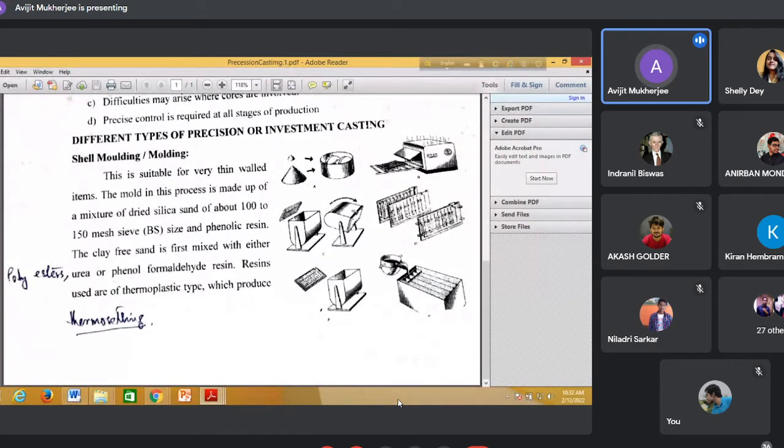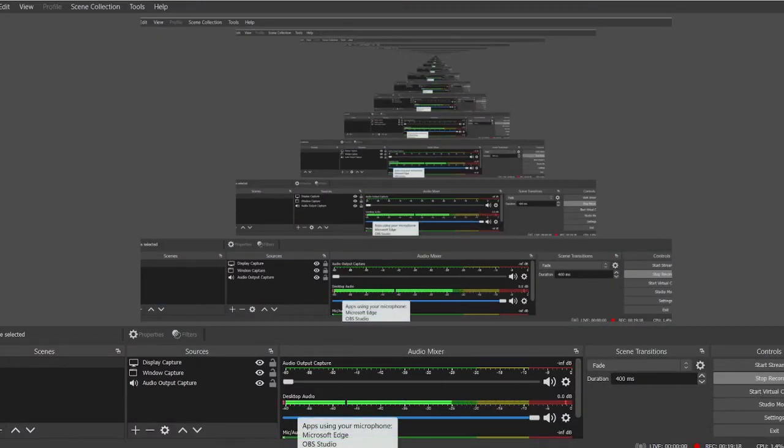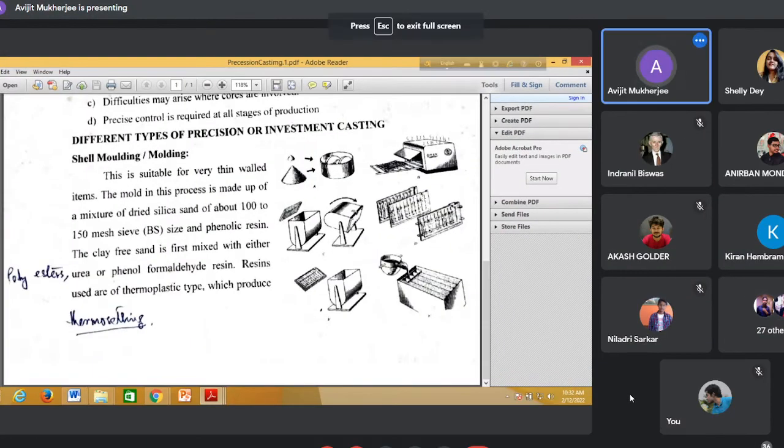So now again place this inside the oven for settlement for some time. After drying, you just remove the pattern from the material. So now this is a shell, a half portion of the shell prepared with this molding sand.